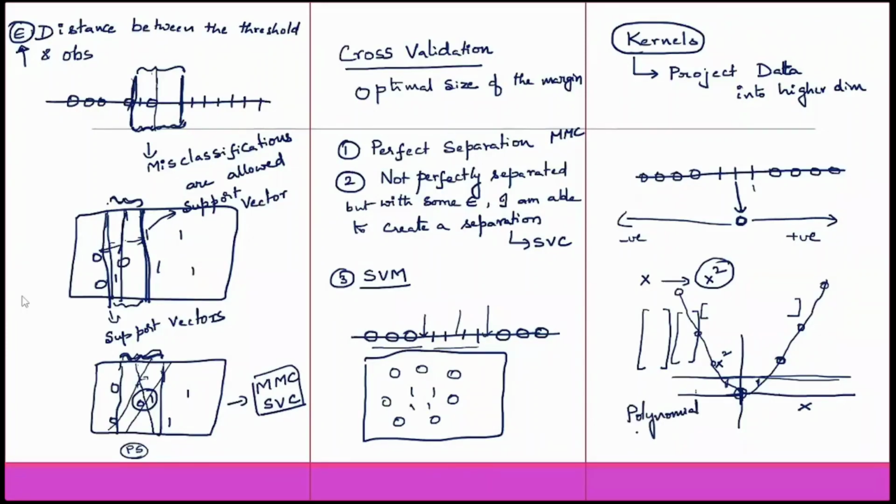I have created one additional variable and one additional dimension by squaring the current variable. Or I can do a cubing of the variable. I can do some such kind of activities, and based on that, I can very well segregate the zeros from the ones.